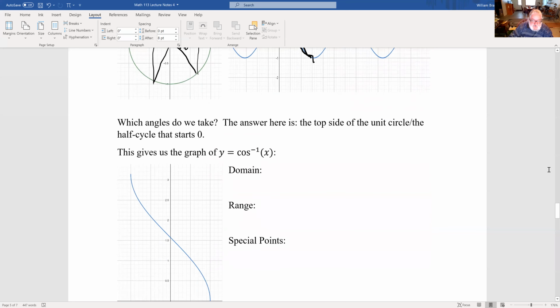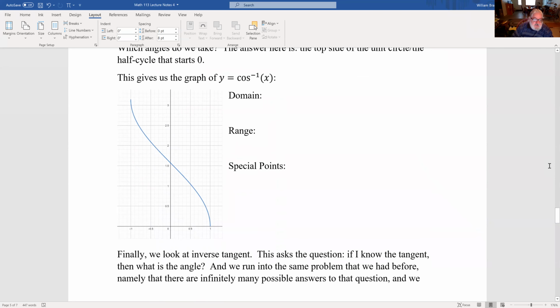All right, so this gives us a graph of cosine inverse of x. The domain is -1 to 1 because sine and cosine have outputs -1 to 1.